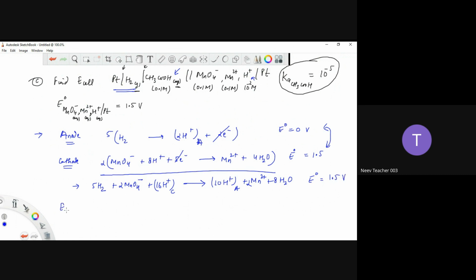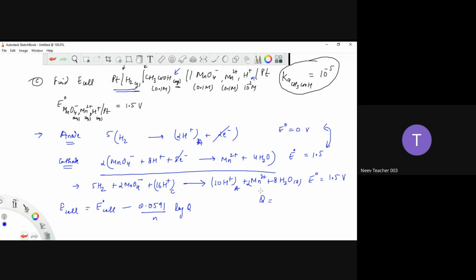Now the EMF of the cell will be E naught of cell minus 0.0591 divided by n log Q. So the Q value is also very interesting over here. Why?